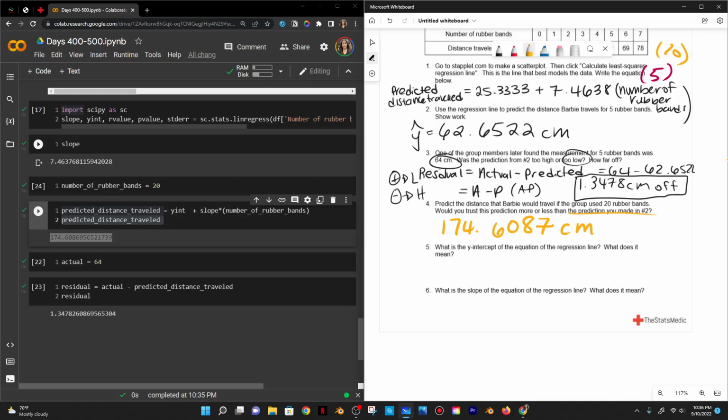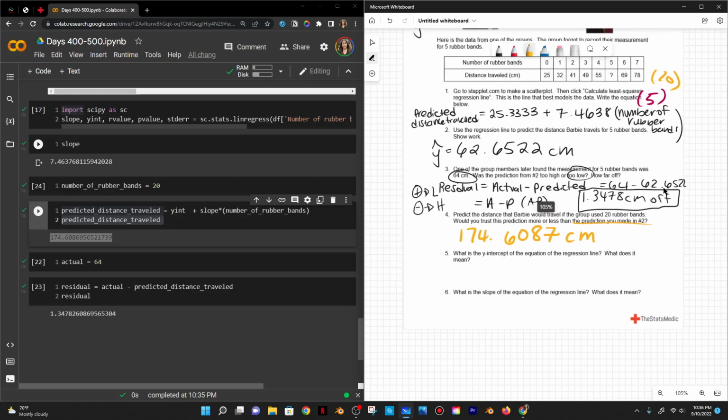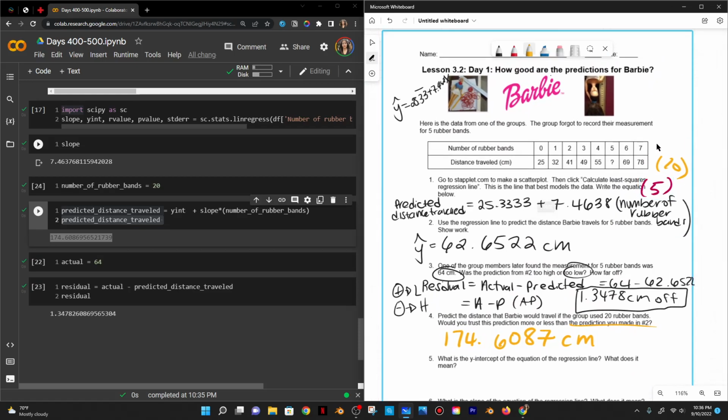because of this term called extrapolation, I think is what it's called. The idea is you only really want to use the least squares regression line to predict values within the range that your data is in. I wouldn't want to predict values for like 50 rubber bands because there's no data over there. There's only data for 0, 1, 2, 3, 4, 5, 6, 7 rubber bands. So it makes sense to do maybe 5 rubber bands, right? Because that's within the data.